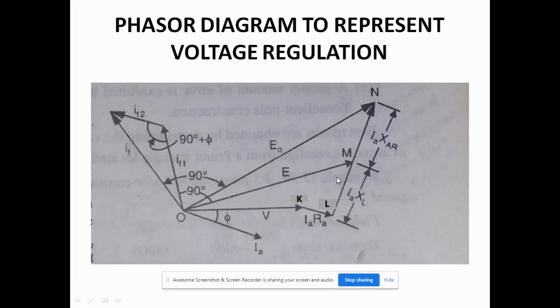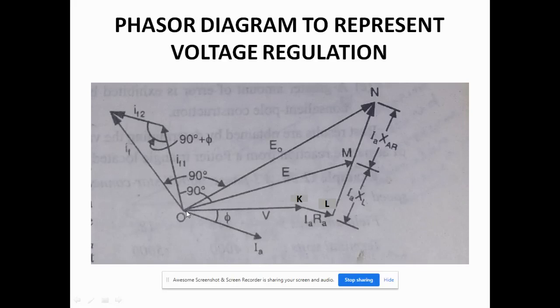So therefore it is 90 degree reflecting here. Then after this leakage reactance drop, another drop is happening across the armature due to the armature reaction drop, that is Ia into XAR. It is again the same type of reactive drop, therefore it is also perpendicular with the current phasor, that is Ia.